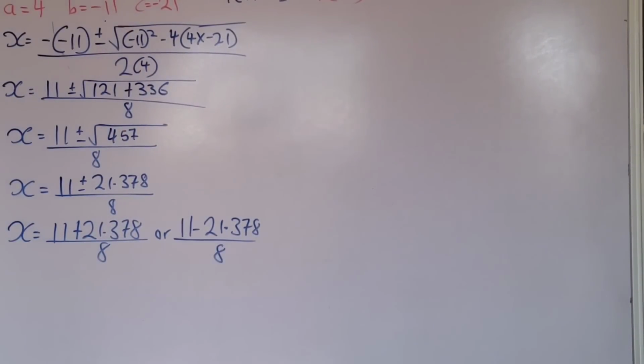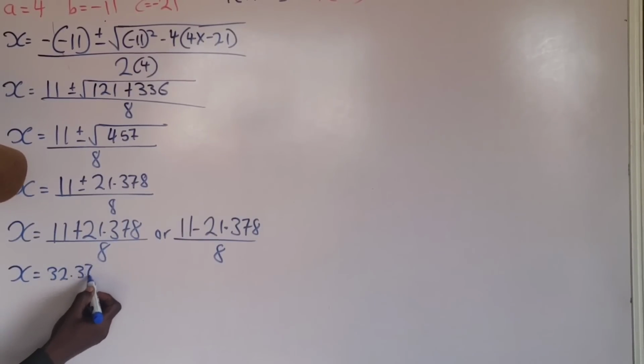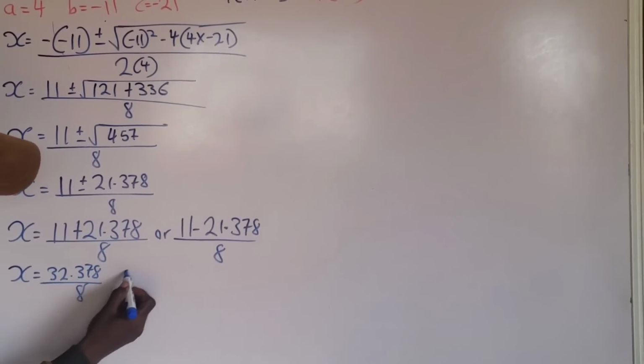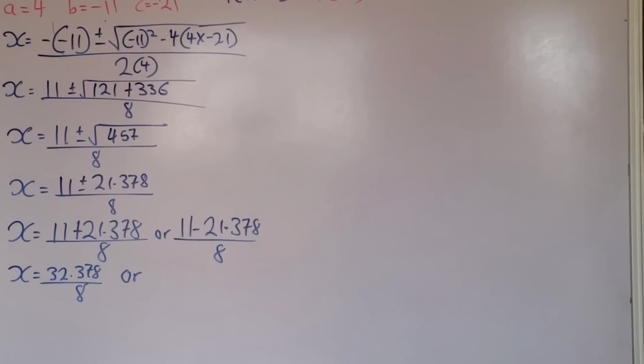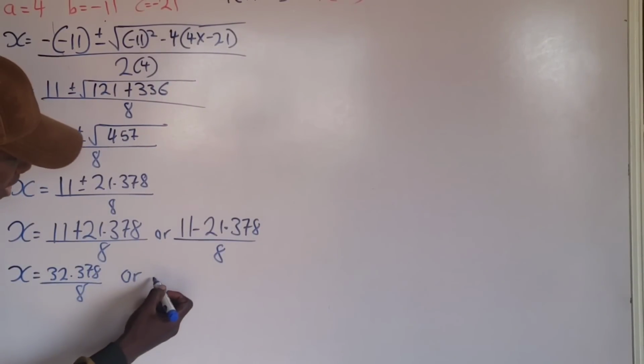You understand? Now 11 plus 21.378 is 32.378. So x equals 32.378 all over 8, or 11 minus 21.378, that is negative 10.378, all over 8.